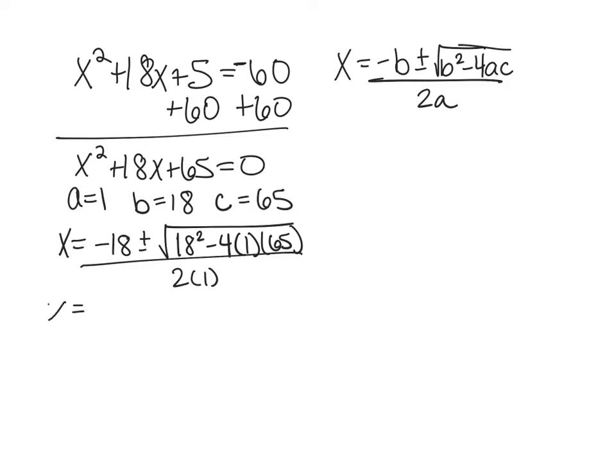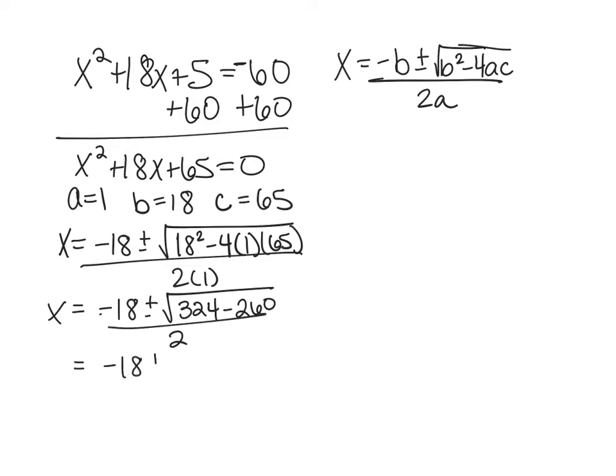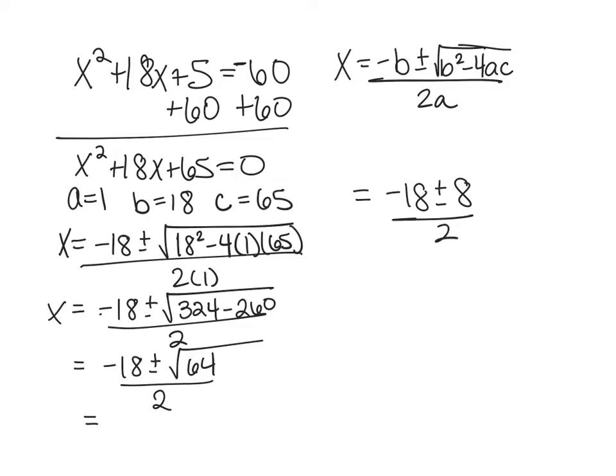So that gives us x equals negative 18 plus or minus, 18 squared is 324, and 4 times 65 is 260, divided by 2. Which is negative 18 plus or minus the square root of 64, divided by 2. And that gives us negative 18 plus or minus 8 over 2.